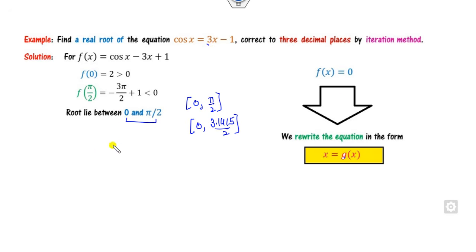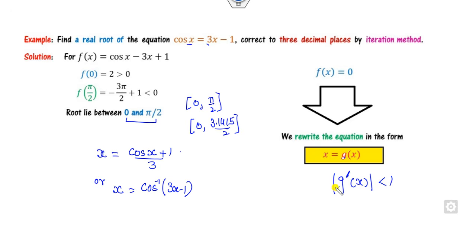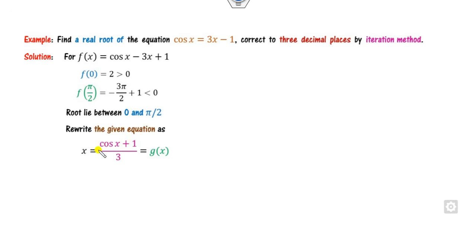Now you can transform this equation into this form. We can find the value of x in this manner, cos x plus 1 over 3, or you can find the value of x from the cos also. It is cos inverse of 3x minus 1. So based on this you will again check whether the derivative is less than 1 or not. So firstly I can check about here. What is the derivative of this?